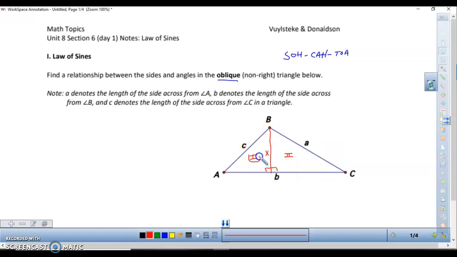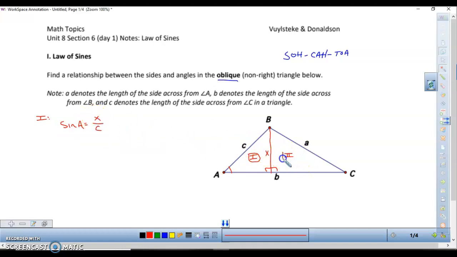In triangle 1, this is the law of sines, so I'm going to use sine. The sine of angle A is equal to opposite, which is x, over hypotenuse, which is c. Sine is opposite over hypotenuse, so sine of A will equal x over c.